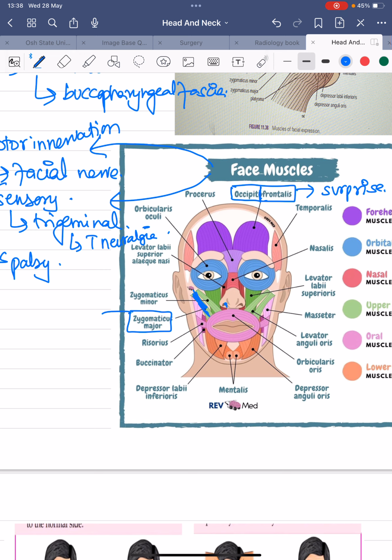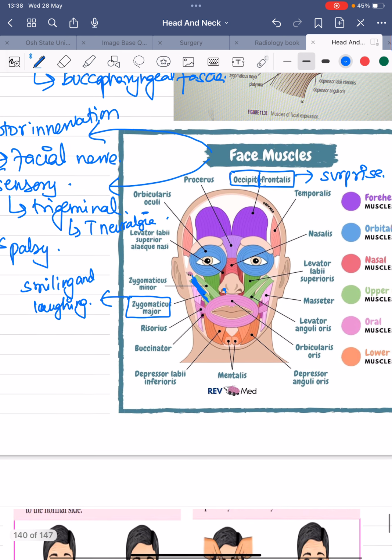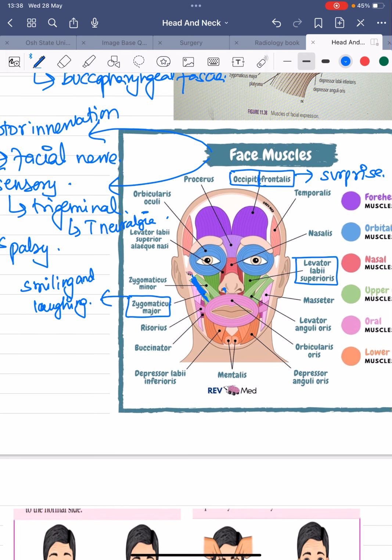Sadness is shown by levator labii superior, which I am highlighting in blue, and levator anguli oris. So the action of these two muscles leads to the expression of sadness.